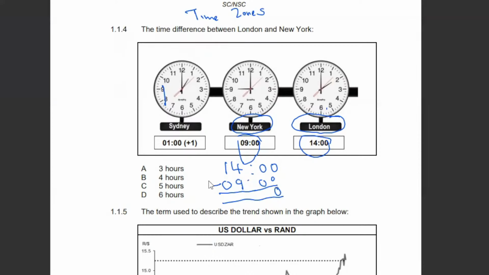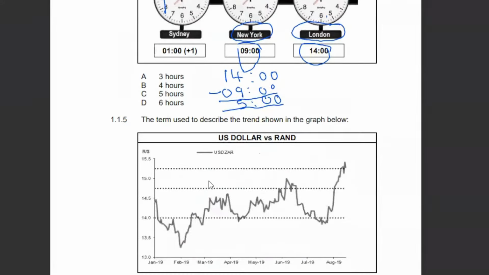Then we put our 0 there, 0 there. Then 14 minus 9, obviously it will give you 5. So let's look at the options which we are given. 5 hours will be our correct answer, which appears on letter C.